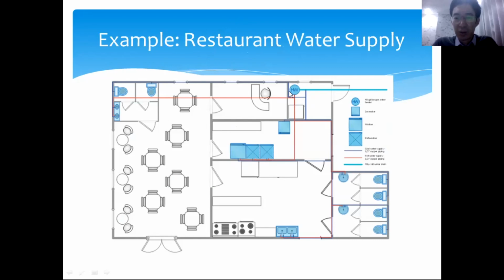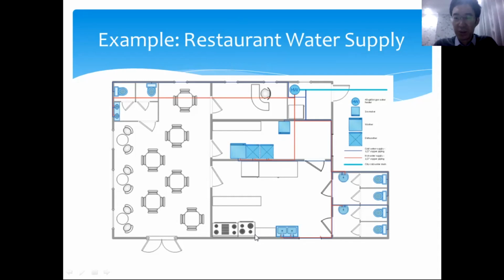Heated water usually goes to the kitchen, the toilets, the dining area, and for the staff, then we have cold water supply, which goes to the bath and to the toilets. You can see that. Basically, plumbing is all about water supply.